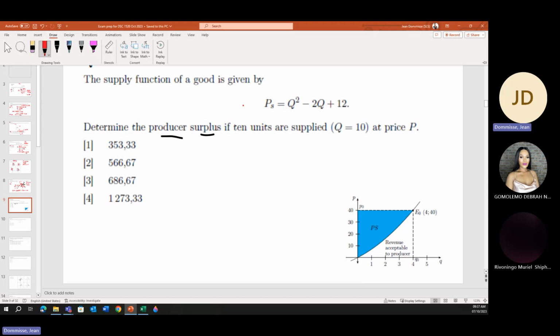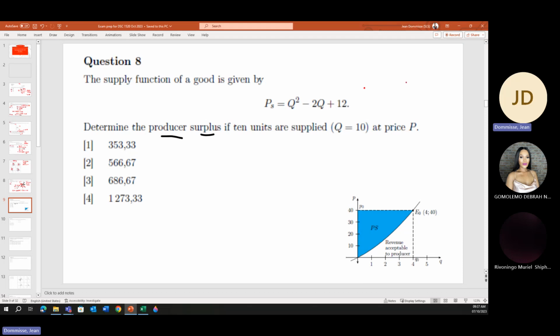They ask us to work out the producer's surplus by looking at a quadratic equation or a supply function. They also tell us that at Q equal to 10, we will need to work out what the producer's surplus is.